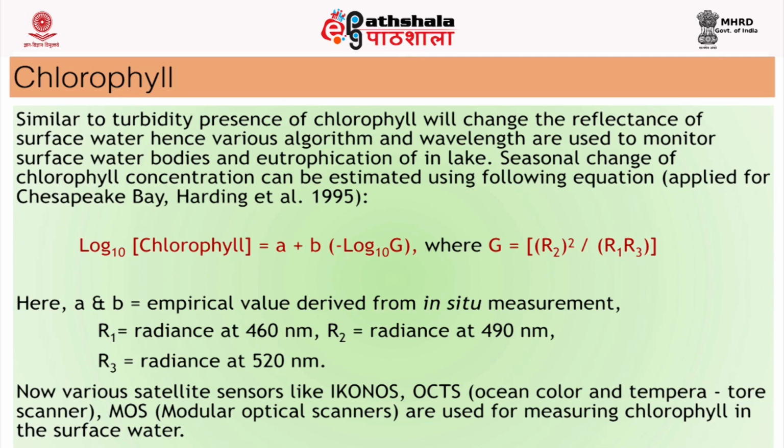Now various satellite sensors like IKONOS, OCTS, that is Ocean Color and Temperature Scanner, MOS, that is Modular Optoelectronic Scanner, are used for measuring chlorophyll in the surface water.